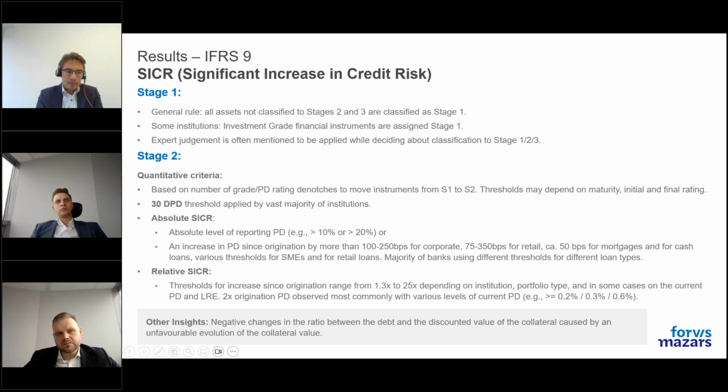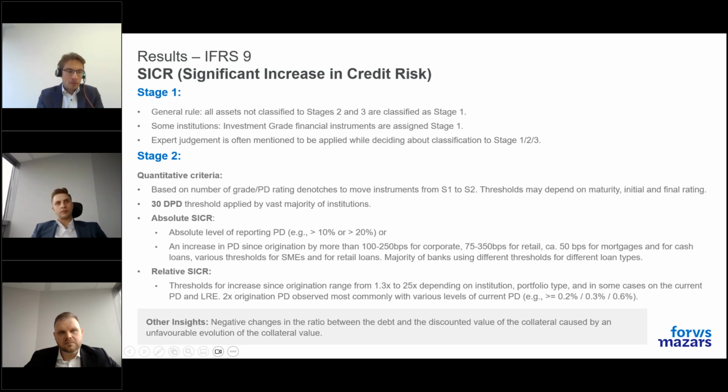And it's worth noting that expert judgment is quite often mentioned by banks as applied while deciding about classification to stage 1, 2, and 3. It doesn't really matter how big the institution is, whether this is tier 1 or tier 2 or even a smaller bank, some level or extent of expert judgment is often used by them.